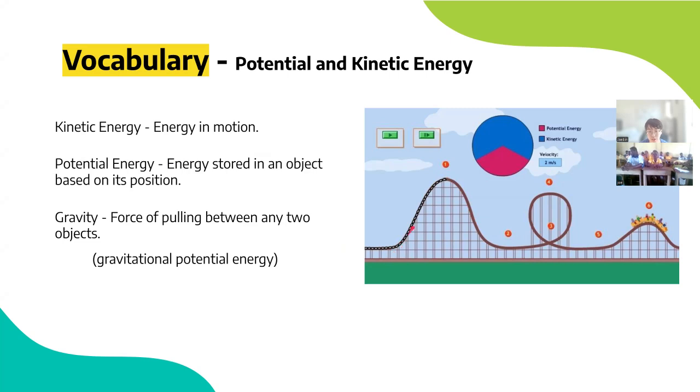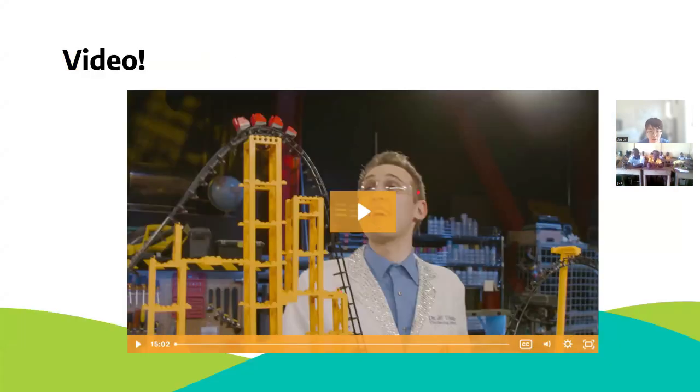You'll see that potential energy is the highest over here, and it gets converted to kinetic energy, and then it stores up again, and then we will have another loop. Let's look at a better example with a second video. This will be another 15 minutes, but it will explore more about potential and kinetic energy.